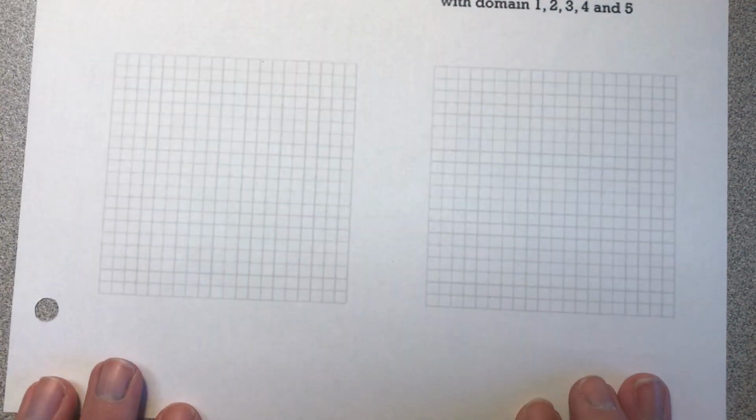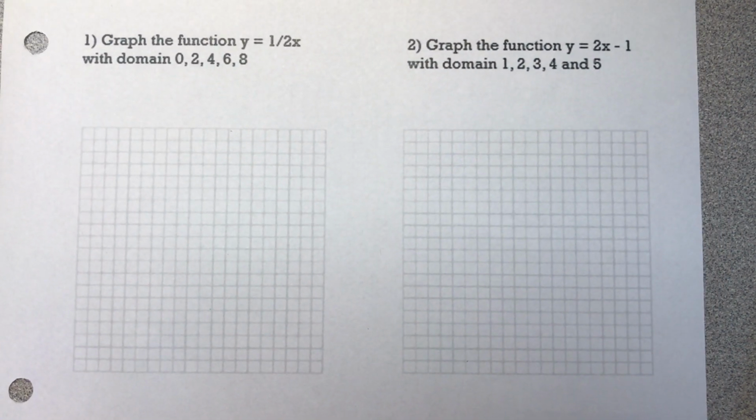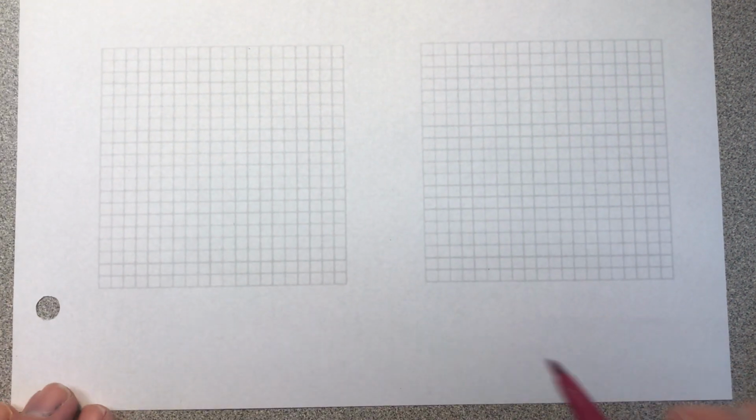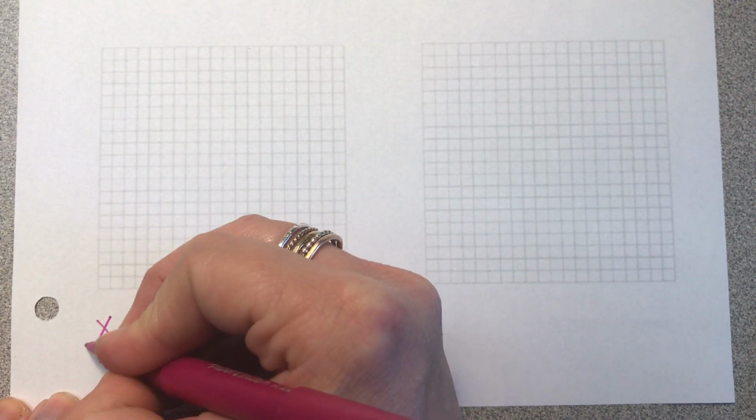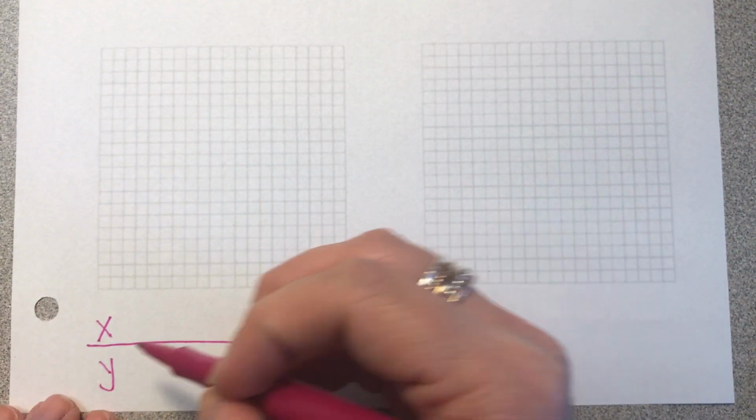So down here it says, graph the function y equals 1/2 x with a domain of 0, 2, 4, 6, and 8. The first thing we're going to do is create a table. So I'm going to have our x and our y, our input and our output.